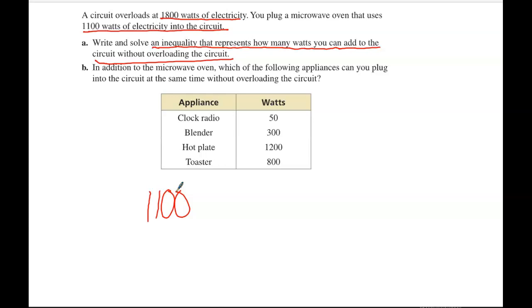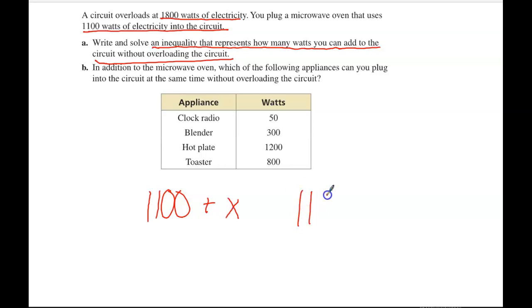So if I'm going to plug more in, what operation is that going to be? Addition, subtraction, multiplication, or division? Plus, right? I can add more to it. Do we know how much more we can add to it? No. So that's our variable x.